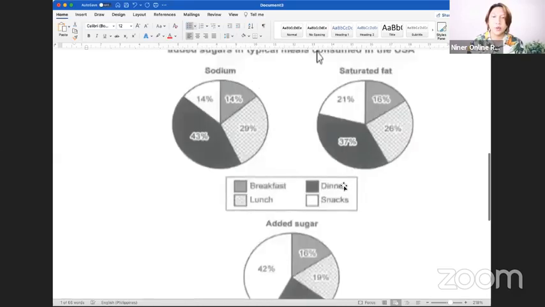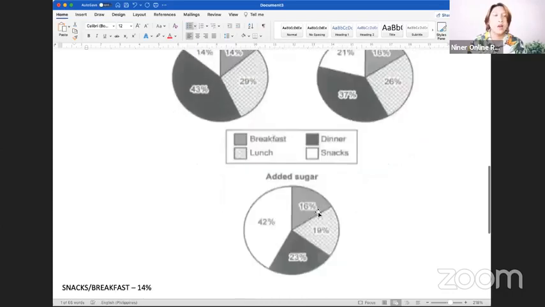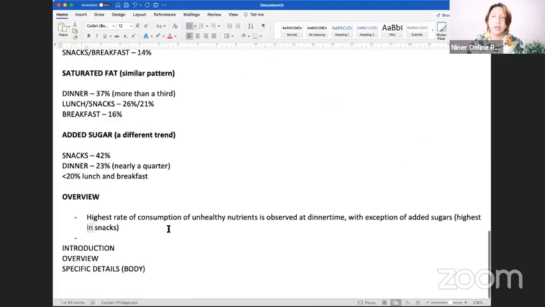Is it true for everything? Yeah, 16%, 16%, 14, relatively low. So we can actually write something like that as well. So the least percentage, we can't really tell what the amount is.